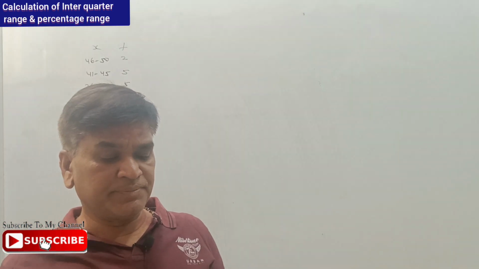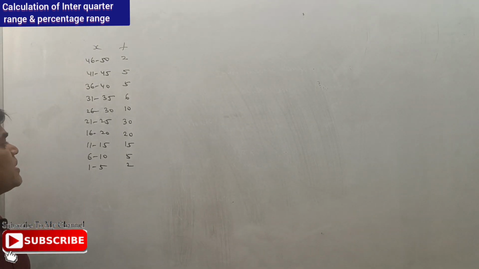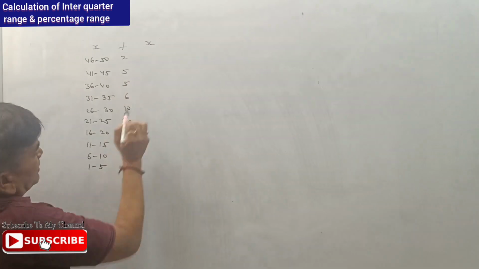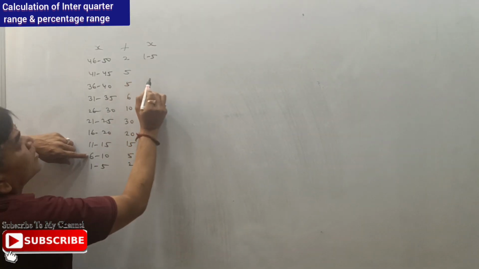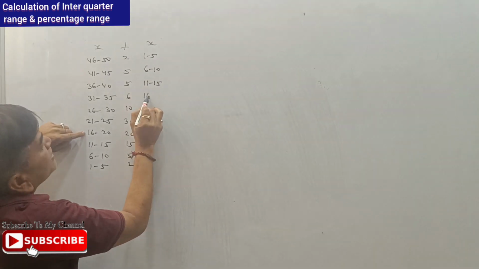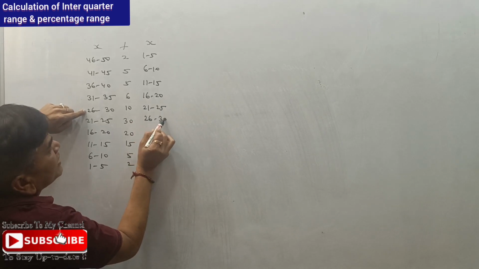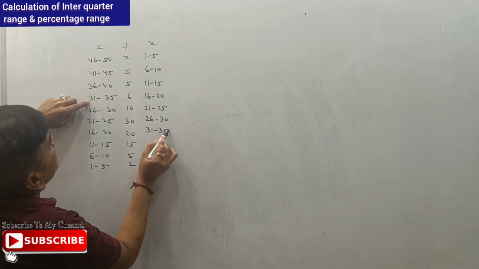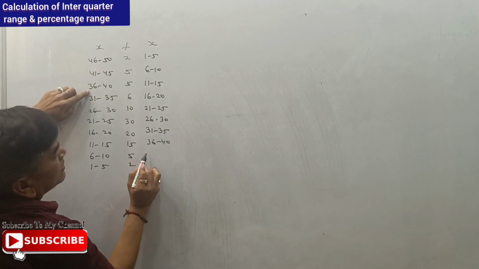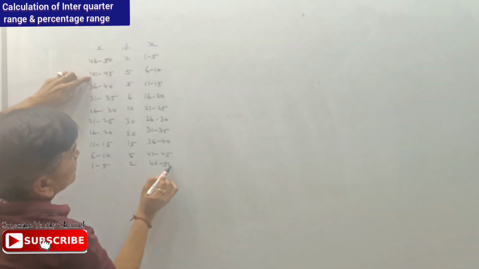Here the class intervals are 1 to 5, 6 to 10, 11 to 15, 16 to 20, 21 to 25, 26 to 30 and so on, and the frequency is given. To solve this easily, I am writing from here 1 to 5, 6 to 10, 11 to 15, 16 to 20, 21 to 25, 26 to 30, 31 to 35, 36 to 40, 41 to 45 and 46 to 50.